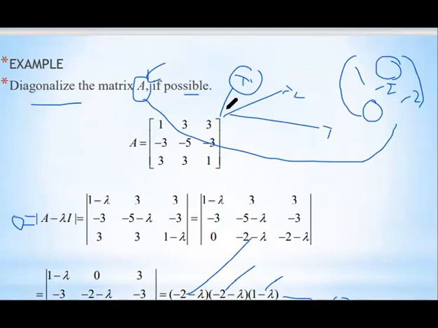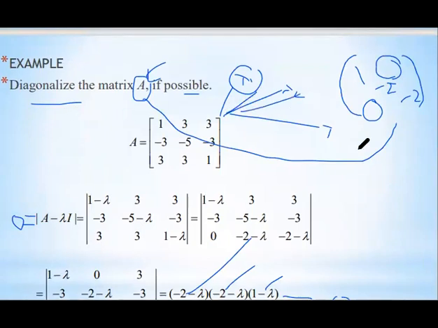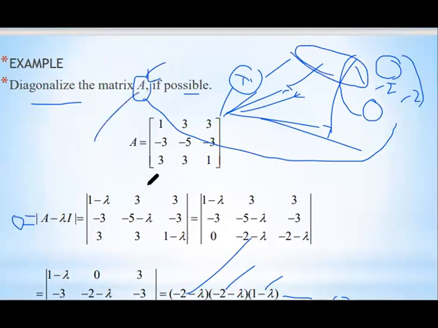The first step is finding eigenvalues, then the corresponding eigenvectors. If these vectors are linearly independent, then the matrix is diagonalizable. So you can find that diagonal matrix, and A is similar to this diagonal matrix.